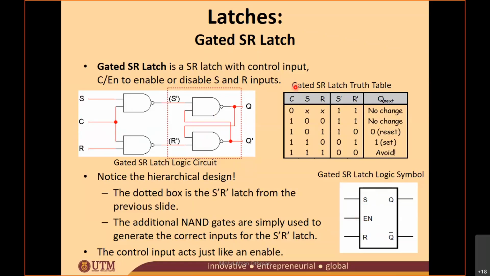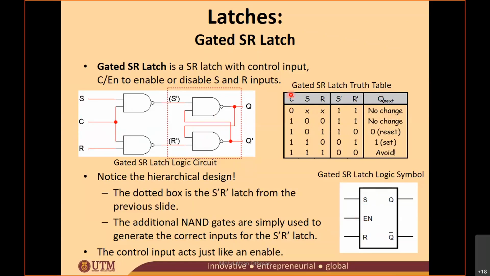Okay, this is the gated SR latch truth table. Kalau control input is 0, regardless of your input S dengan R, the output will be no change. So output takkan berubah.